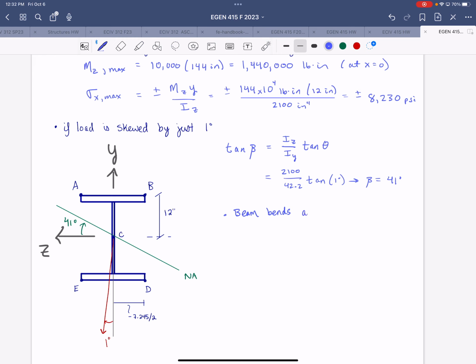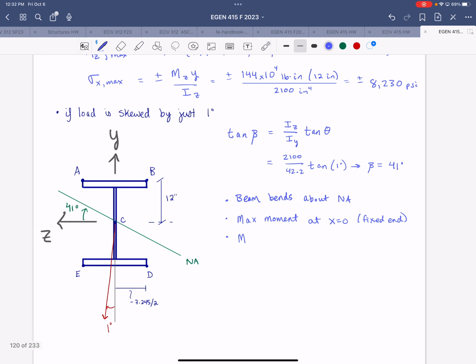200%. I agree. And we already established that the maximum moment will occur at the fixed support. And so now we need to calculate our MZ and MY components. So MZ will be P cosine theta times the total length L for the moment at the fixed end.